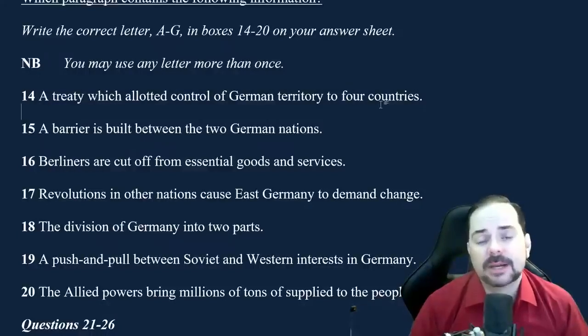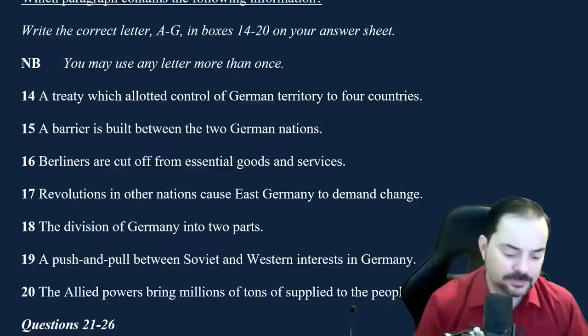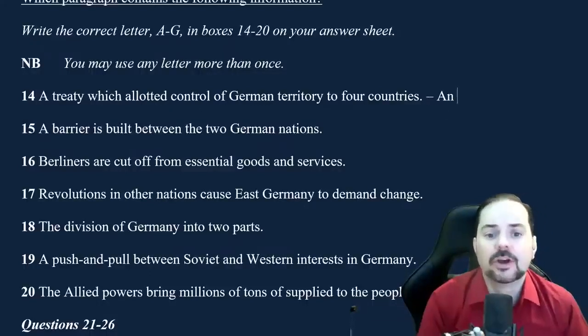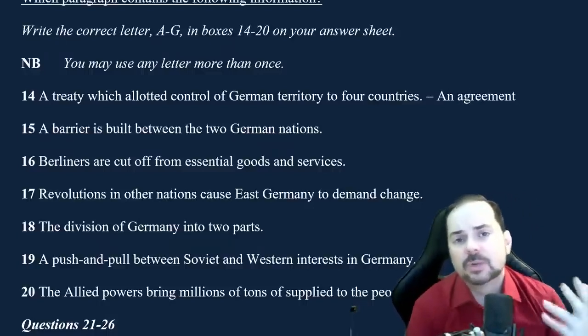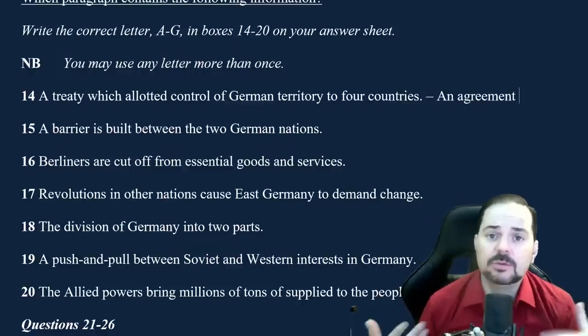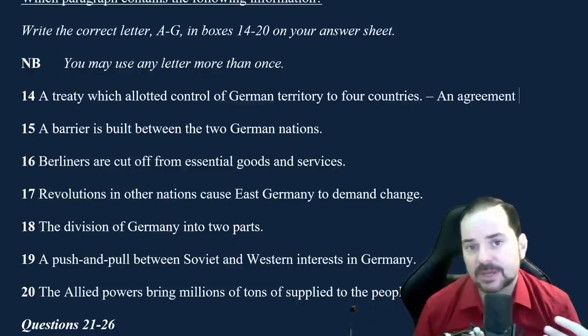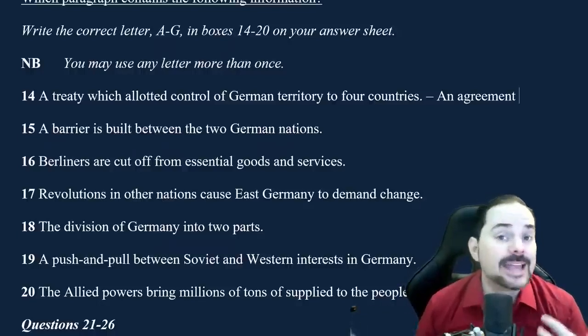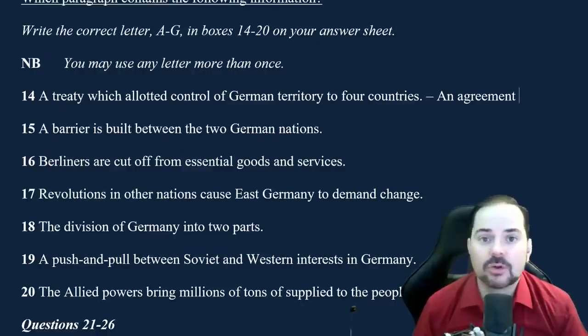Now, paraphrase this. A treaty is an agreement. The way IELTS works is they keep paraphrasing. They keep using synonyms, descriptive paraphrasing, antonym negatives like stay, don't go.